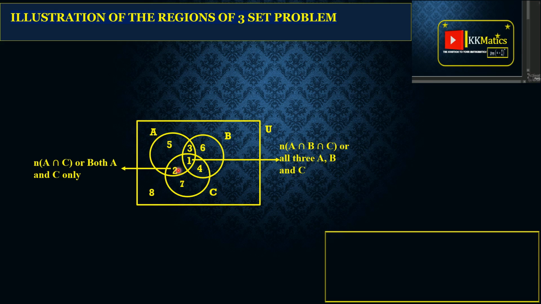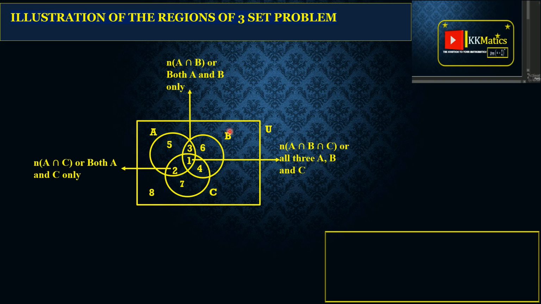The next thing we have to consider here is region 3. Region 3 means the number of elements in A intersection B, or we can say it means both A and B only.